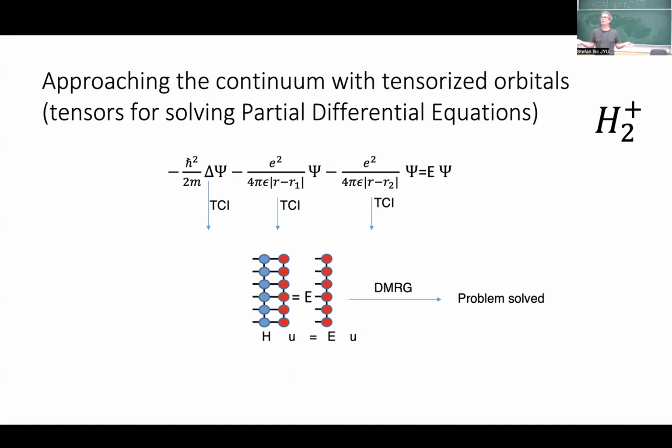But as soon as you complicate the problem a little bit, for instance, now you have 2 protons and 1 electron, so it's H2 plus.